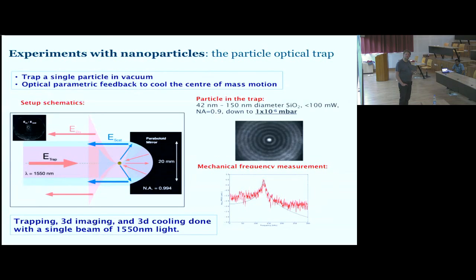So you choose the position where the intensity of the two fields is roughly the same, and then you get a large modulation which carries the information about the position. Okay, so this is a larger picture of this interference pattern.